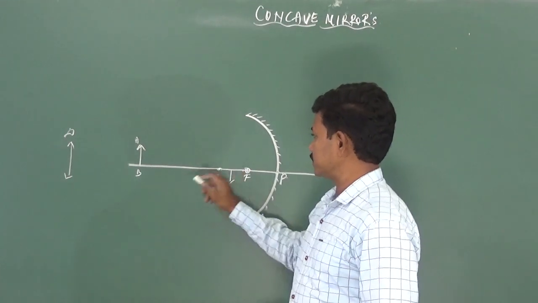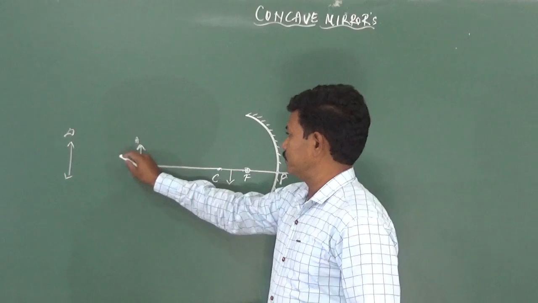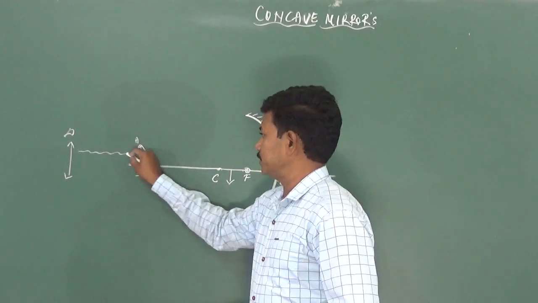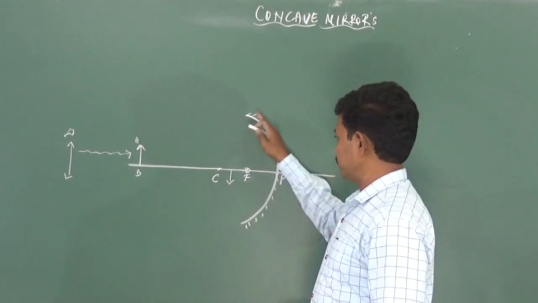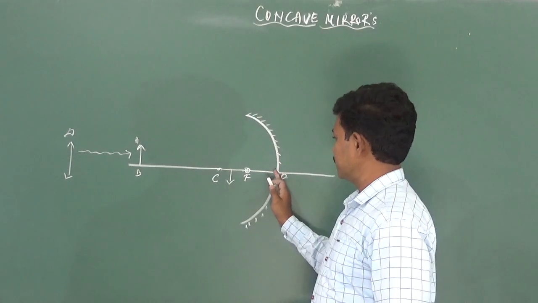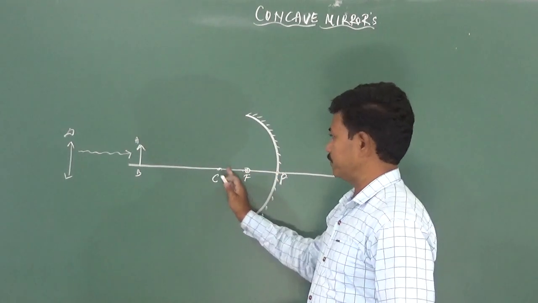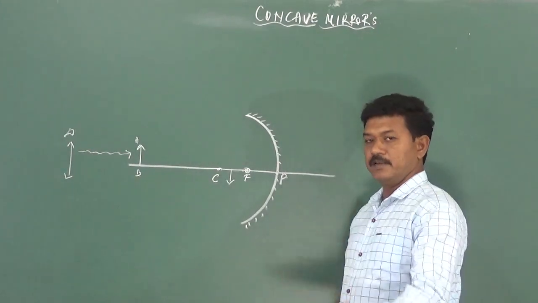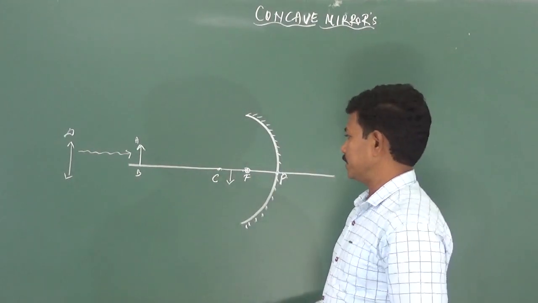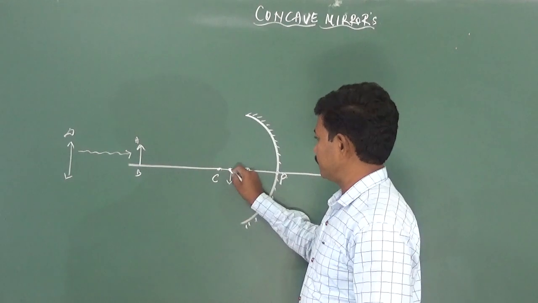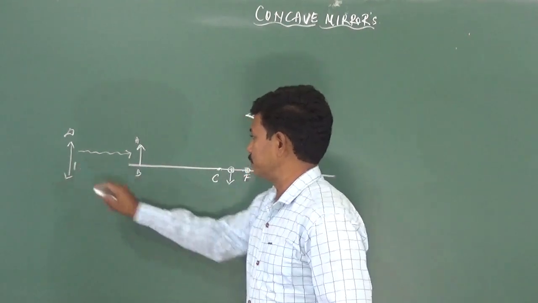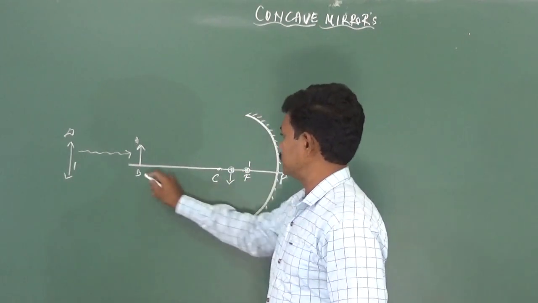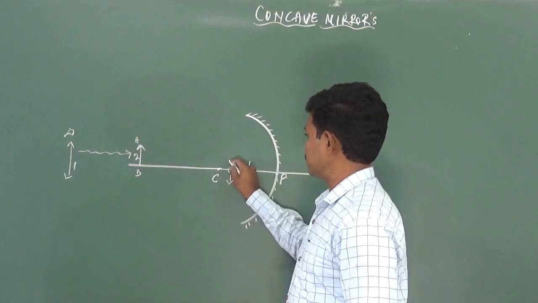When you observe this, the object is coming nearer and nearer to the mirror, whereas the image of the object is moving far away from the mirror, and it is real and inverted. So this was the first position, and this is the second position.